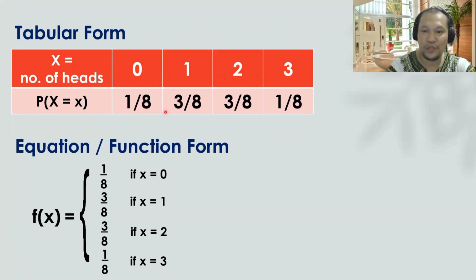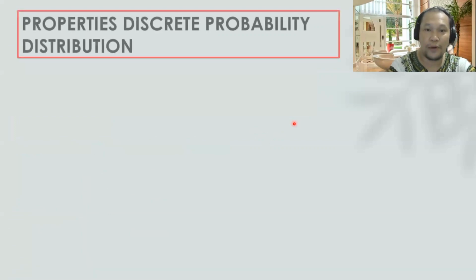And if you get the sum of the probabilities, we have 1/8 plus 3/8 plus 3/8 plus 1/8. Therefore, this becomes 8/8, which is equal to 1. Therefore, the sum of the probabilities of the given discrete probability distribution is equal to 1, which leads to our properties.